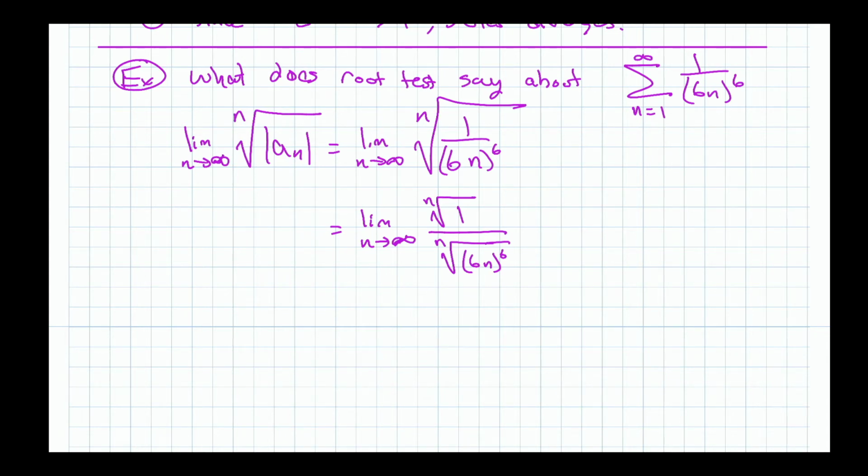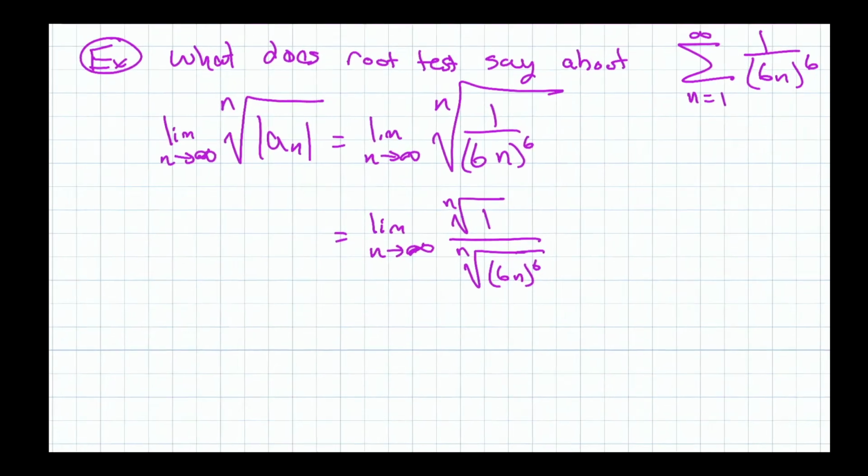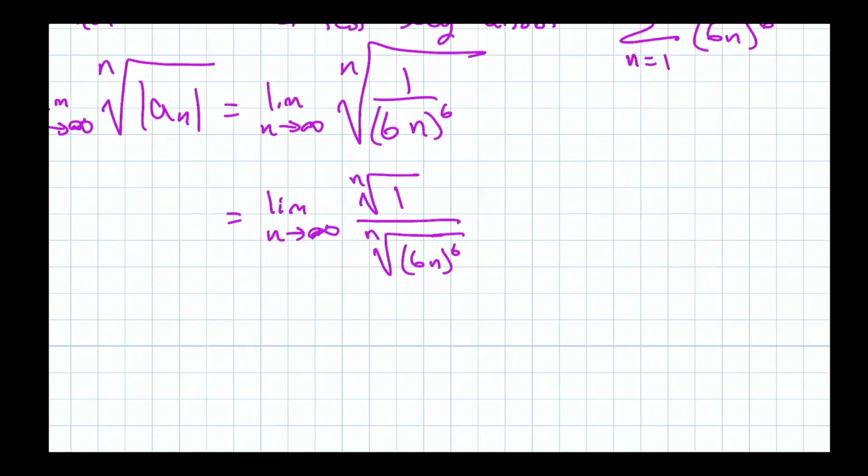Oh, they said to do the ratio test is what I'm seeing, but oops. All right, so anyway, it's fine. 1 over, and then we have the nth root. Actually, I'm going to break this up here. Hold on. The nth root of 6 to the 6 and the nth root of n to the 6th.